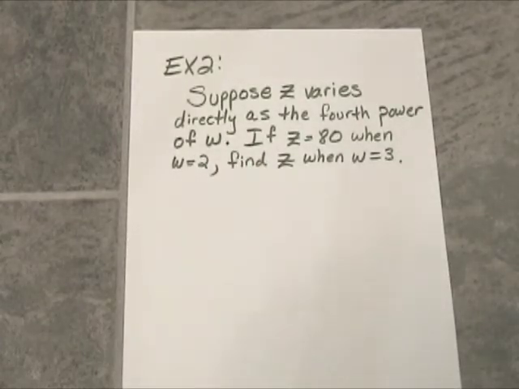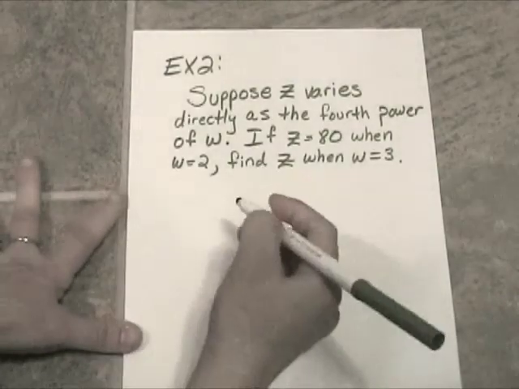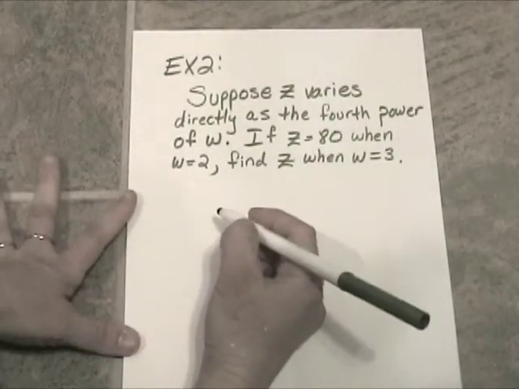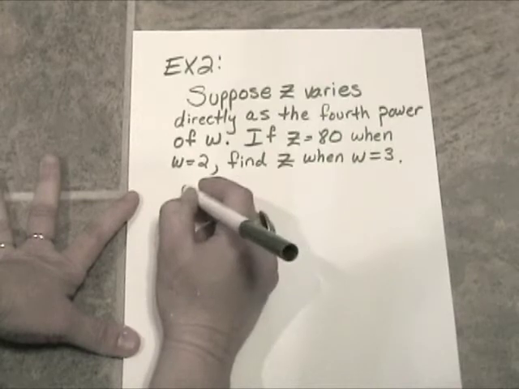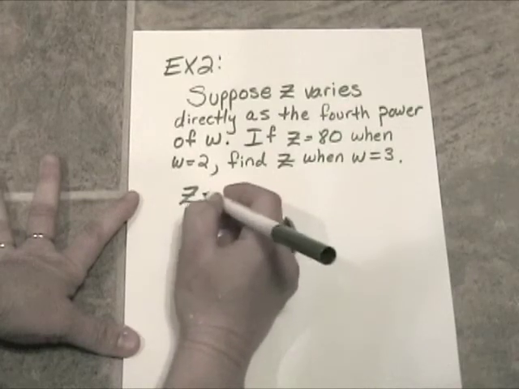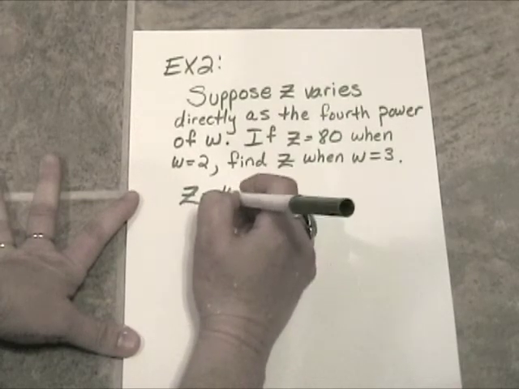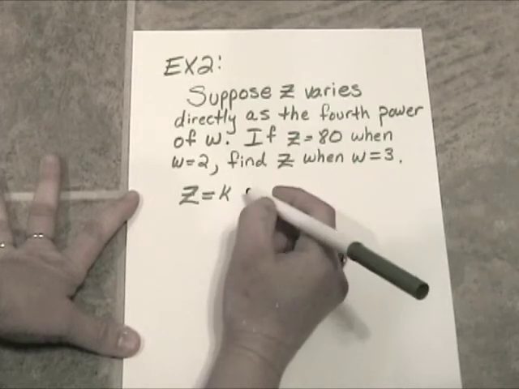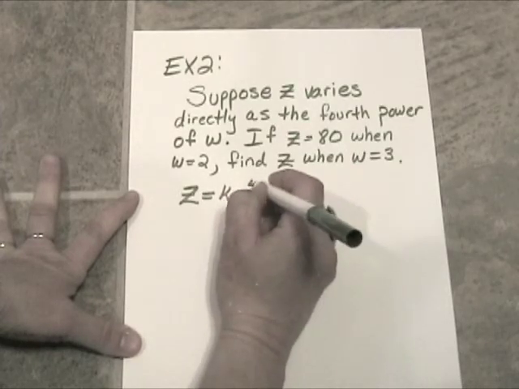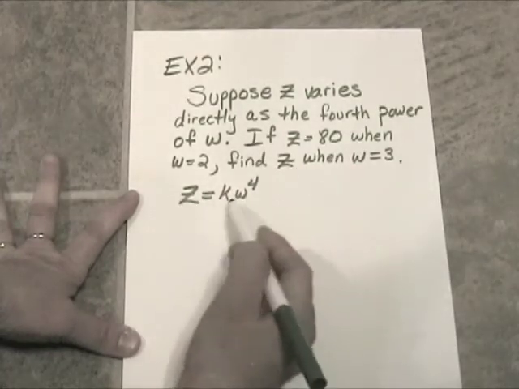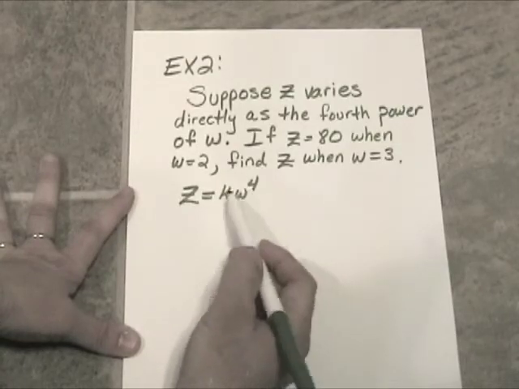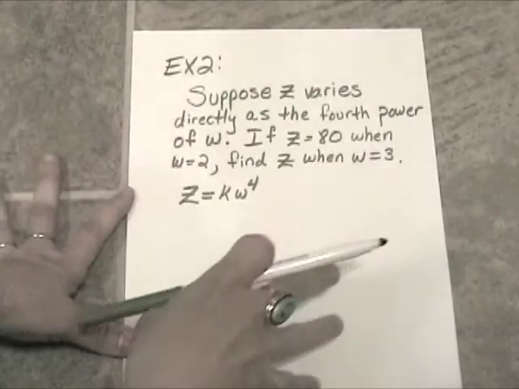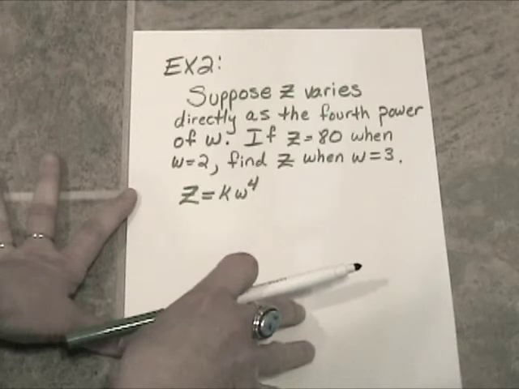Z varies directly, so z is going to be equal to some constant of variation times the 4th power of w. So there's step 1. We've got the direct variation equation written out.